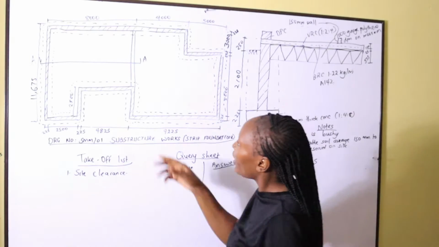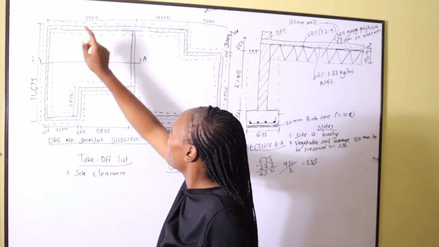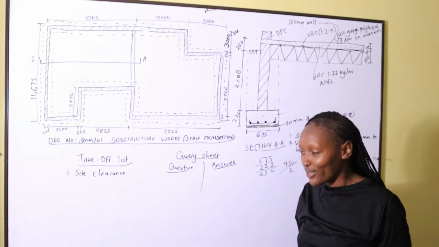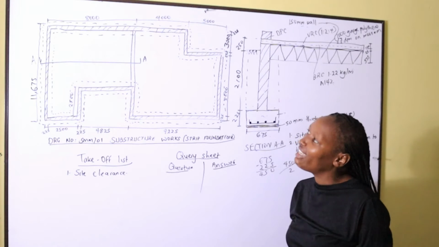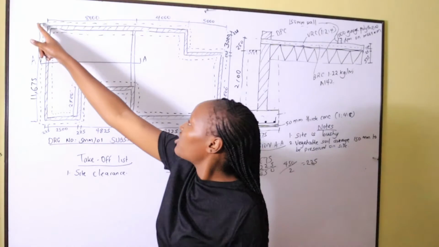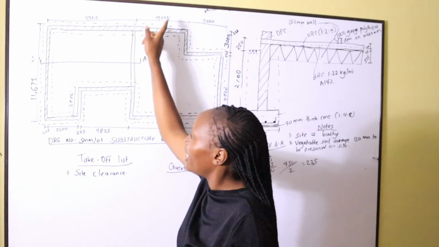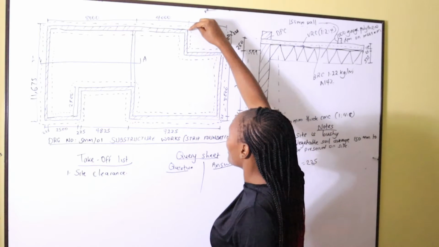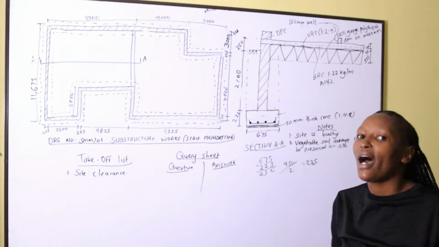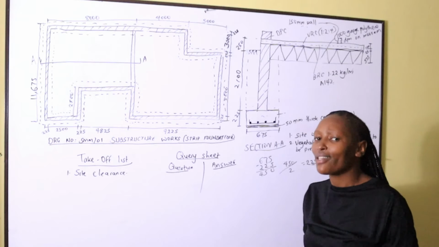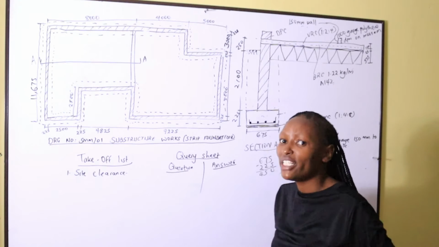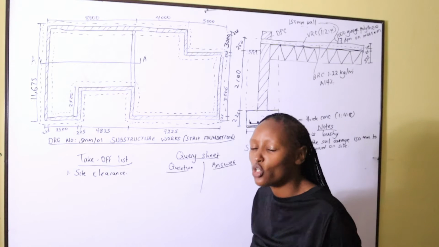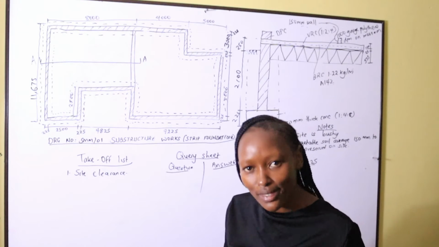You see, like this one, the external dimensions was 8,000 plus 4,000, which is 12,000. Now, so that we can get the external dimensions of this trench, we shall take 12,000 plus 225, then plus 225 for this side. So when we are measuring the external dimensions of the trench, we usually take the external dimensions of the building plus the foundation spread on both sides.